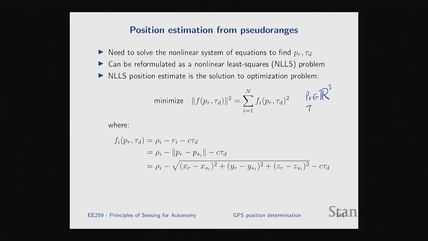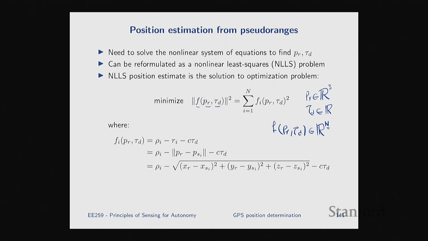Tau is just a number. So f is a function of PR and tau_d. If you stack them together, it takes a vector in R4 as an input. And then f itself, f of p and tau, is a vector in R^N, and N is the number of satellites you're tracking.